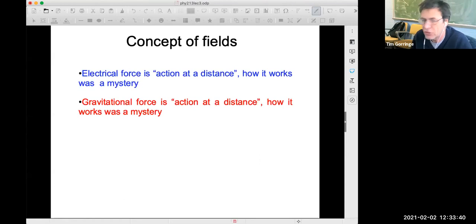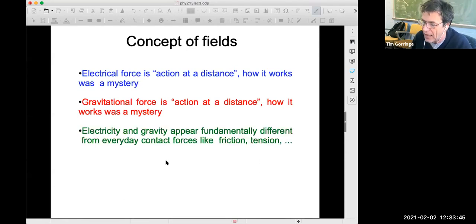It was a mystery how that worked, because the everyday forces that people knew were actually contact forces, where things had to touch, had to be in contact for those forces to be exerted, to be experienced.